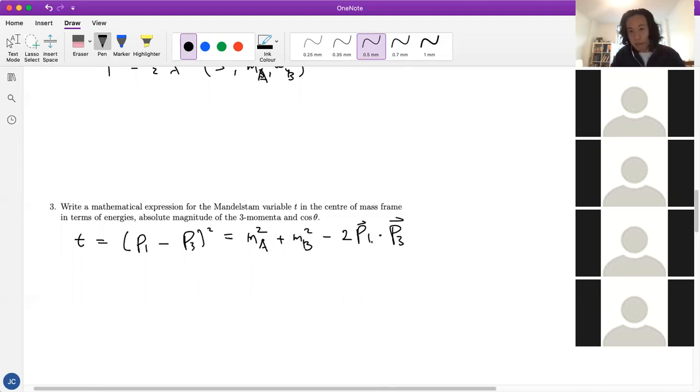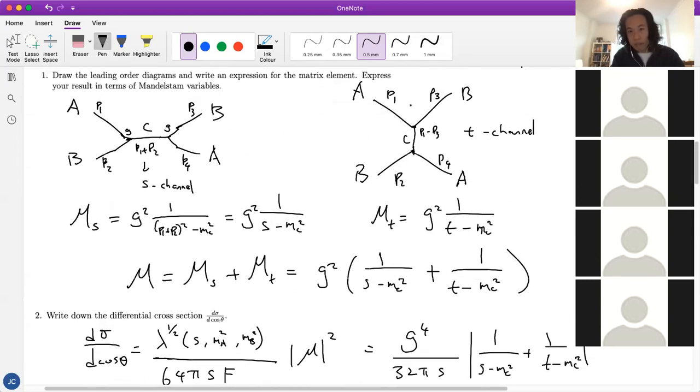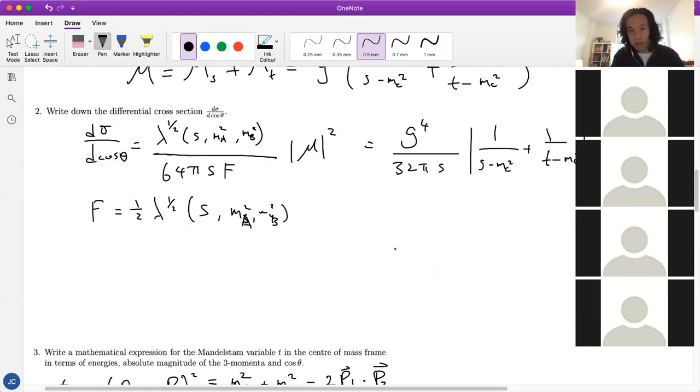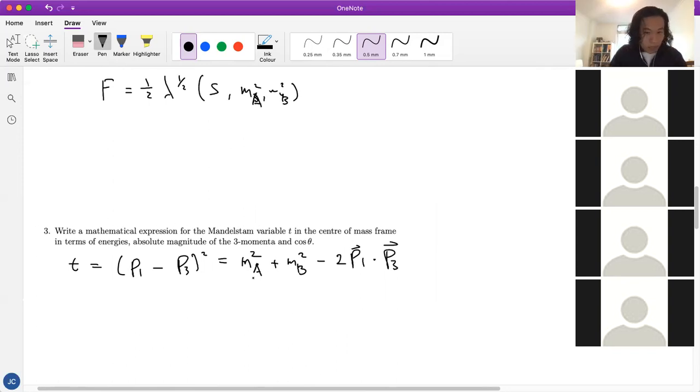Here you want to label 1 and 3 because if you label them A and B, it's not obvious whether it's 1 or 2 or 3 or 4. So when it comes down to the actual 3 momentum, keep the labels 1, 2, 3, 4 rather than the particle type. Okay, and then the rest of it is just expanding out this dot product. Oh, sorry, that's not a 3 momentum dot product. It's a 4 momentum dot product.